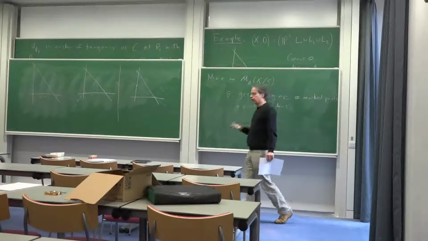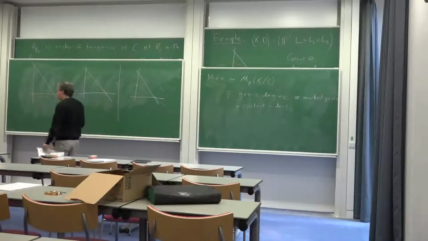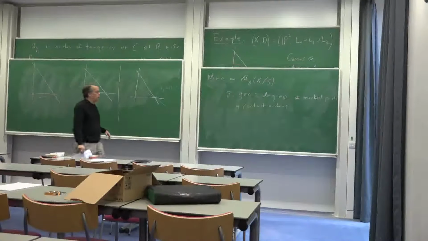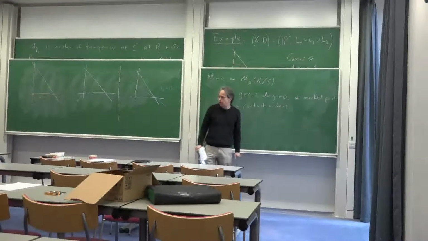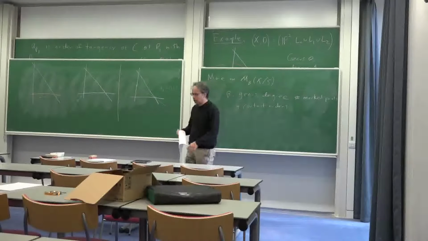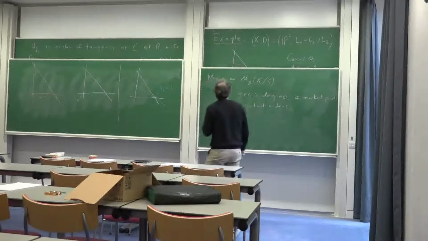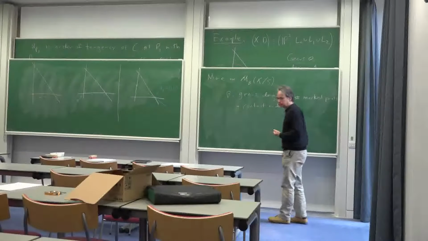You have to specify the contact orders of the marked points, and then once you do that, you get a well-defined moduli space, which is proper. If you don't specify the contact orders, it's possible that this is not finite type. You might have an infinite number of components. Okay, so that's the first thing, that we have to specify the contact orders.